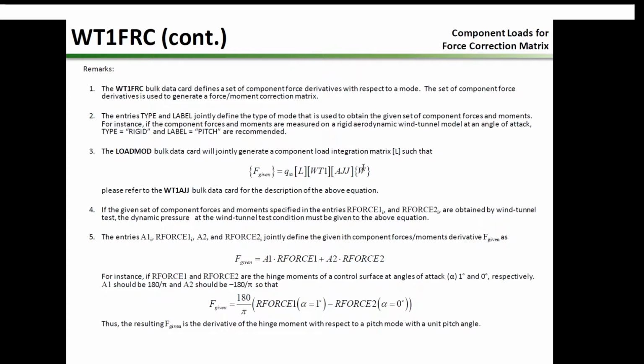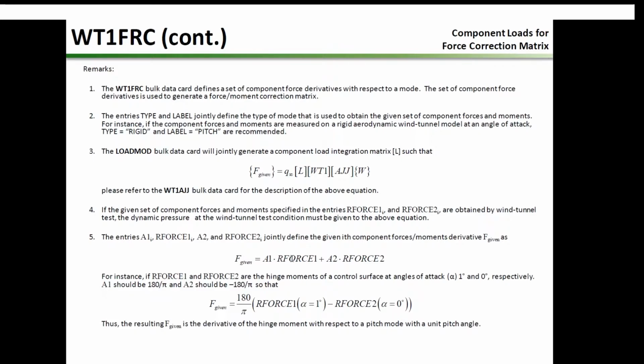If we give a displacement vector and integrate the resulting CP by a loads integration matrix, that will give us component loads. Actually, this is the slope of the component loads.